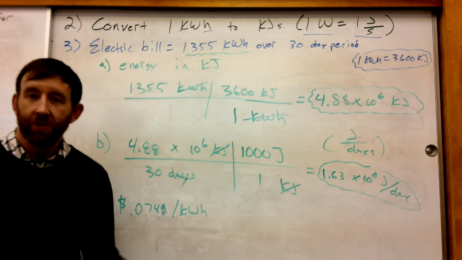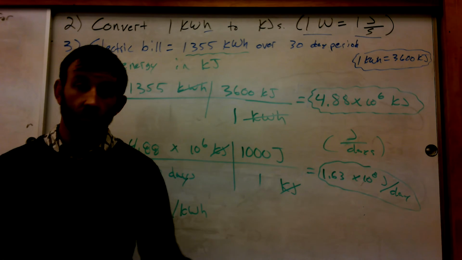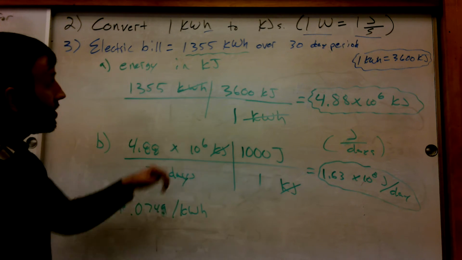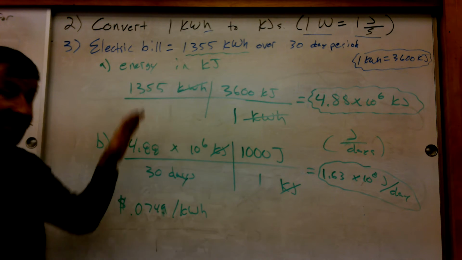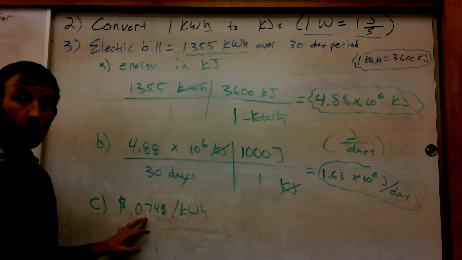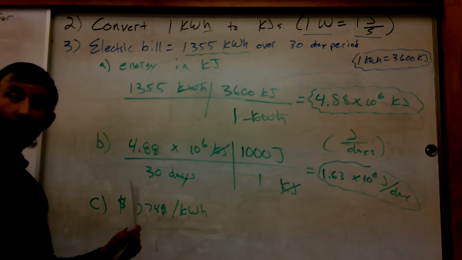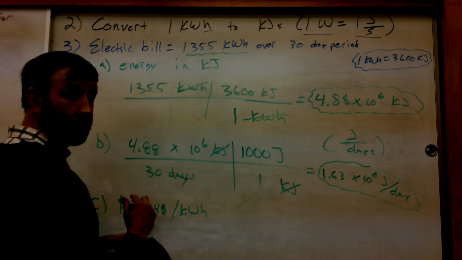So if you get a dozen donuts, each donut's $1, you're going to pay $12 for 12 donuts. So in this case, we have that many kilowatt hours. Each kilowatt hour is 7.5 cents. So we just multiply those two numbers to get the price of that. So if I want to show units, just because that's a good practice to get into, I would set it up like this.